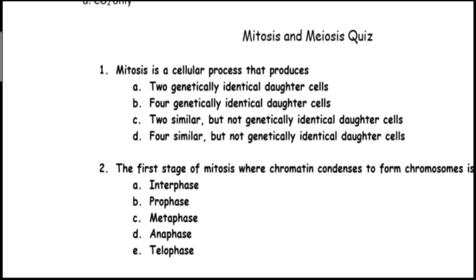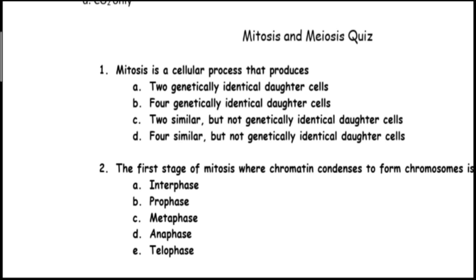Anaphase, this is where the spindle fibers pull the chromosomes and cut them in half. Telophase, this is where the nuclear envelope forms. And then after telophase there is what we call cytokinesis, which is the cell division of the cytoplasm.